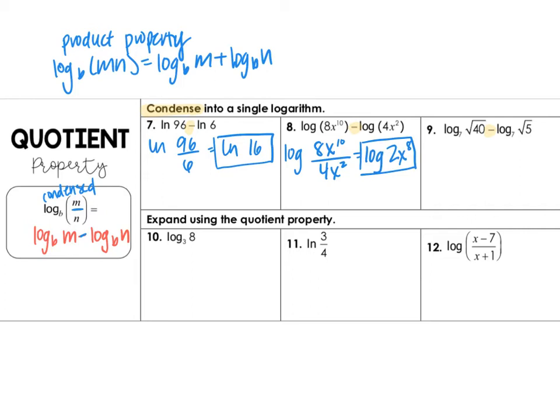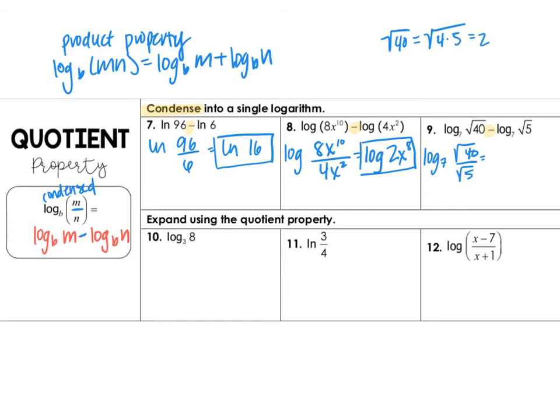And we can do number 9 the same way. So we have log base 7 square root of 40 minus log base 7 square root of 5. So that becomes log base 7 square root of 40 over square root of 5. We can rewrite square root of 40 as square root of 4 times 5.